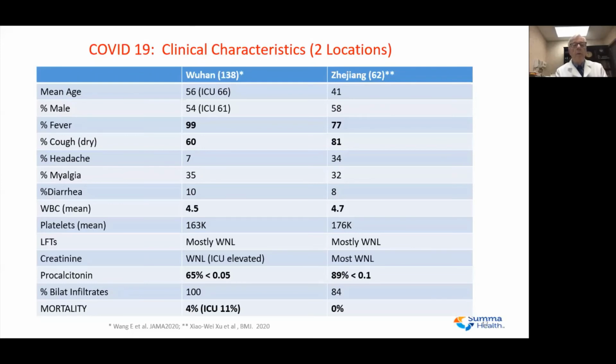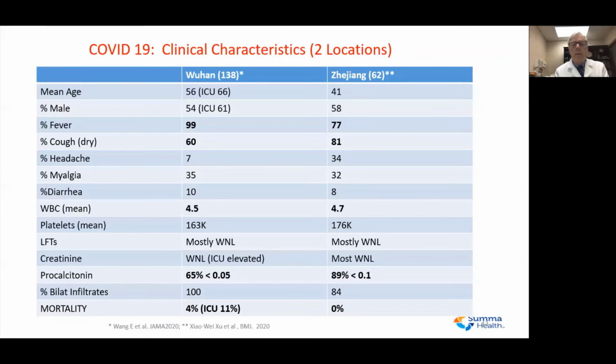Both of them I put in bold: a great percentage had fever, and a great percentage had cough. You can see the age up on the top row from Wuhan was slightly older than that from the other province. I point that out because the people from the other province mainly were traveling to Wuhan.